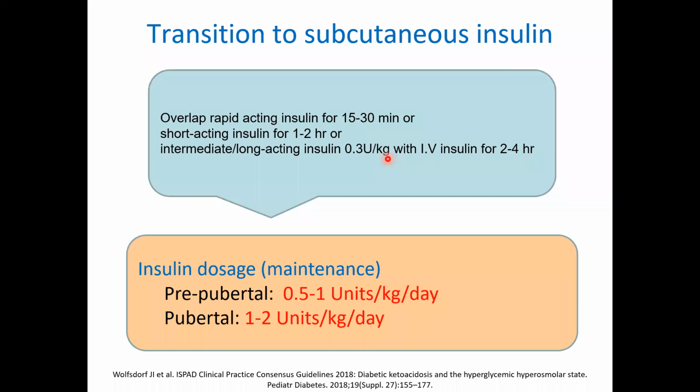So we don't stop one and then initiate the next one. We have to overlap. For maintenance, the recommended dosage for prepubertal children is 0.5 to 1 unit per kg per day, and for pubertal children it is 1 to 2 units per kg per day.